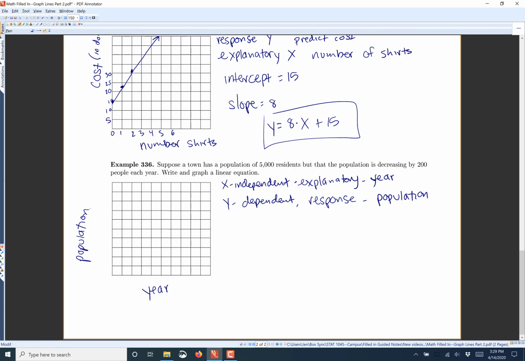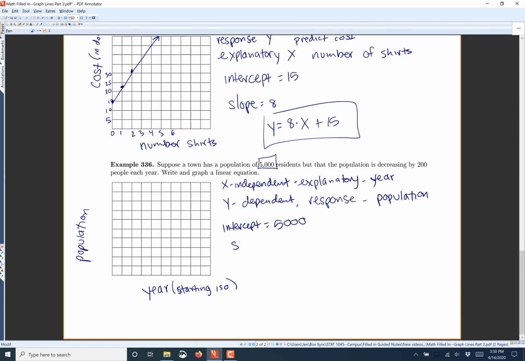And let's see. First we'll find our intercept. This means when X equals 0, what is it? Now the year isn't necessarily 0, but for us, starting at 0, we had 5,000 residents. So the year, it didn't really tell us a year, but we'll say the starting is 0.